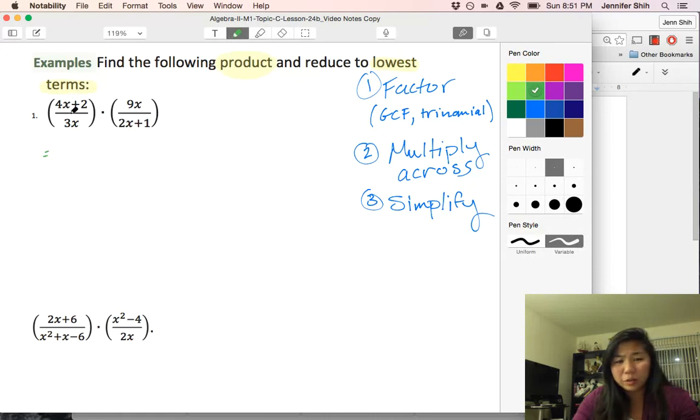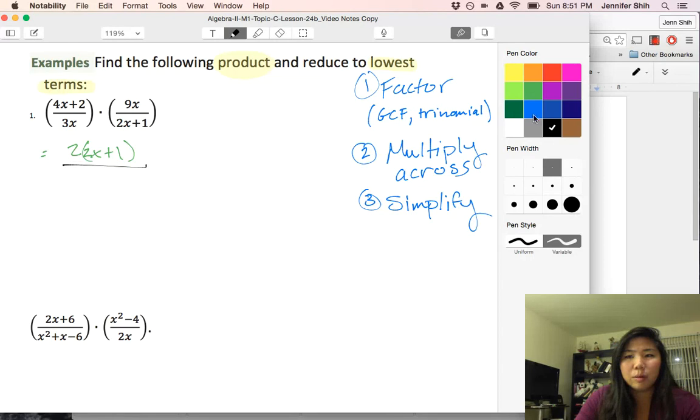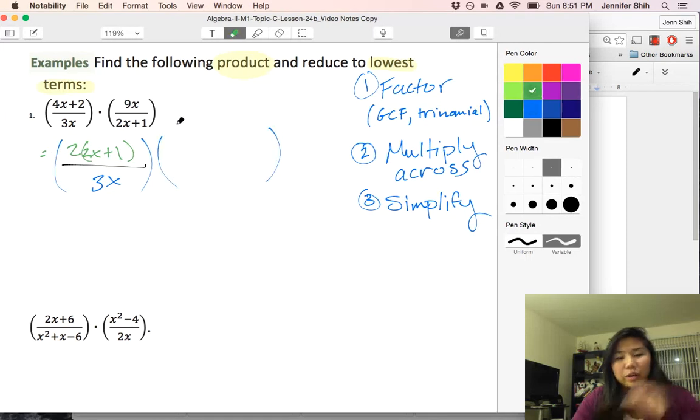And I'm looking at this numerator, and it says 4x plus 2. So its greatest common factor is 2, and I'm left with 2x plus 1. And then I'm going to draw a bar, and then my 3x is going to stay 3x. In my numerator on my second term here, I'm going to factor out a 3.